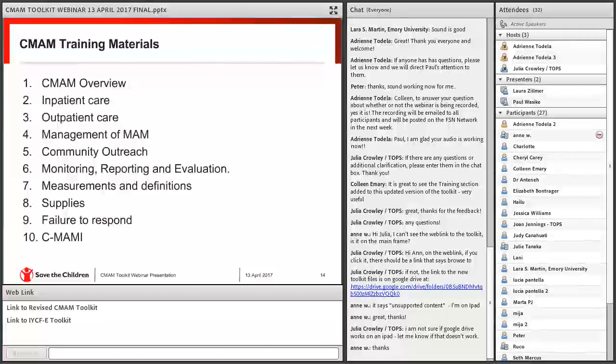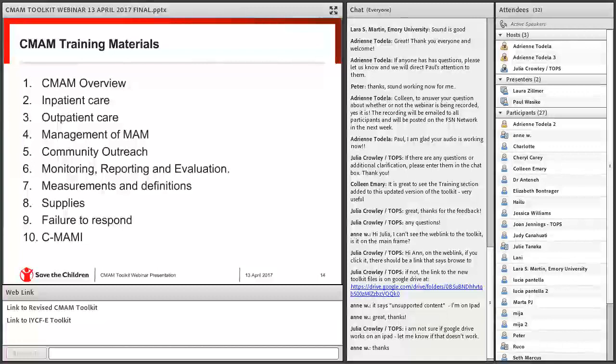Then we have the inpatient care, which in most cases is the stabilization center that takes care of the severely malnourished with medical complications. So this one is quite lengthy, as you can imagine, with all the different aspects of inpatient treatment, and has borrowed quite a lot from some of the training guidelines from national government, as well as the FANTA training guidelines.